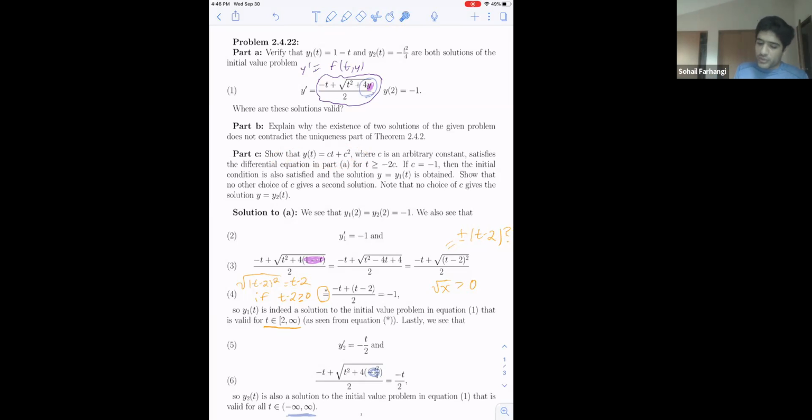And with the initial condition, we pick out a particular solution from the general solution, but we still have that second solution, and it's just not related to this general solution at all. It's just some other solution coming from who knows where. So let's go ahead and do part C.